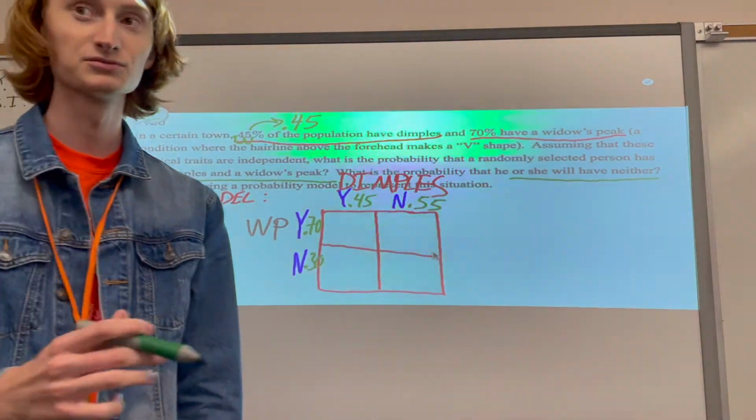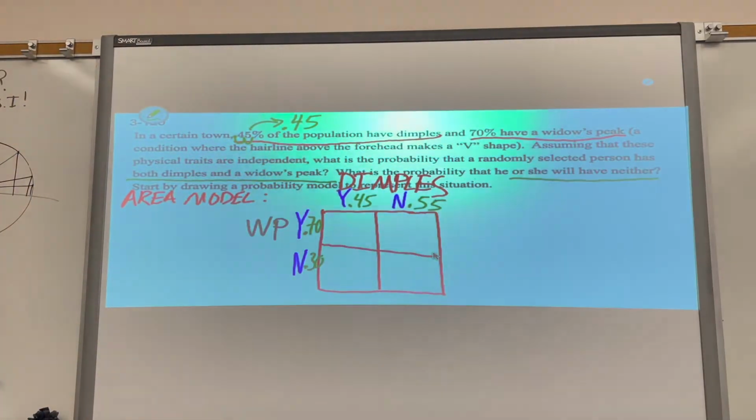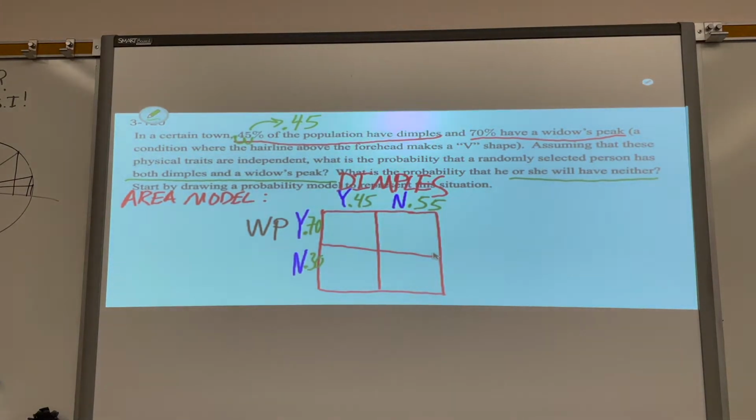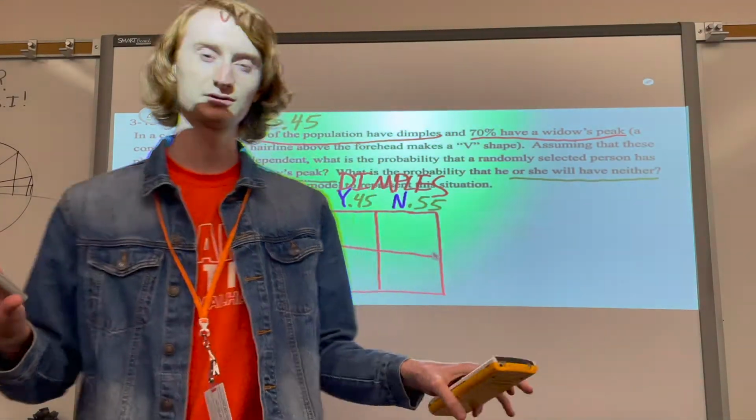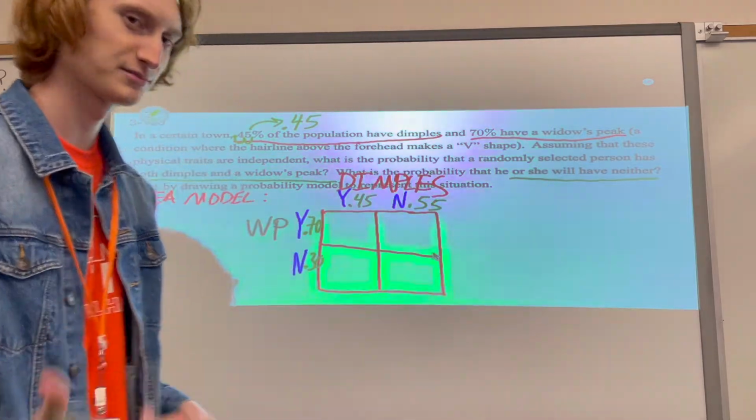Okay, now we get to multiply. I'm going to go grab a calculator real quick. Stay with me. All right, so now I need to multiply to fill in this area model. It's just like any other area model that you've had before.